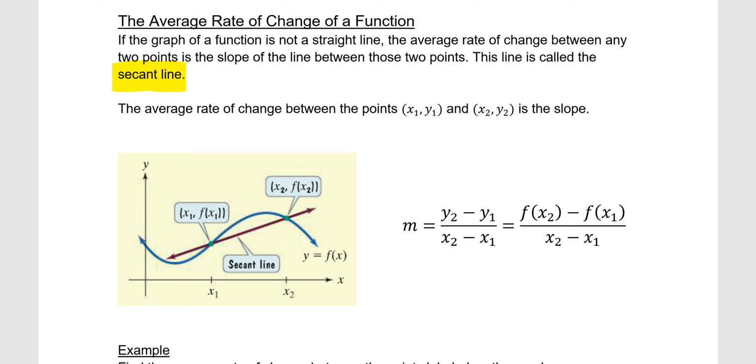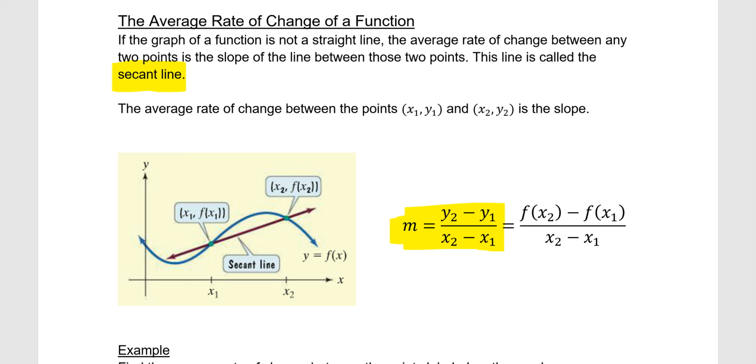But if we want to figure out the average rate of change from this point, (x1, y1), to this point, (x2, y2), all we have to do is calculate the slope between those points. We know the slope formula is m equals (y2 minus y1) over (x2 minus x1). We're not always going to be explicitly given y1 and y2.